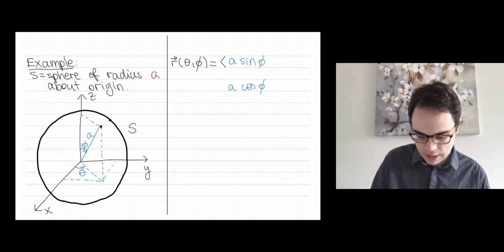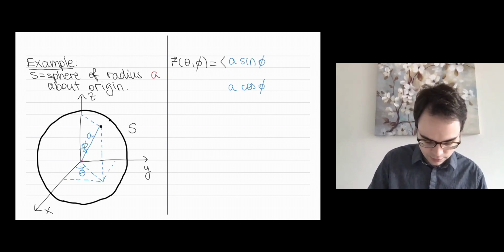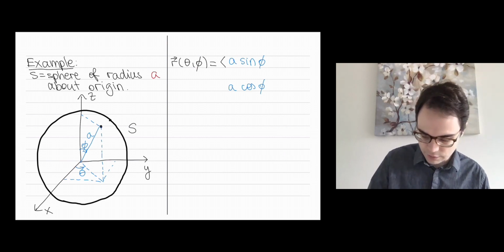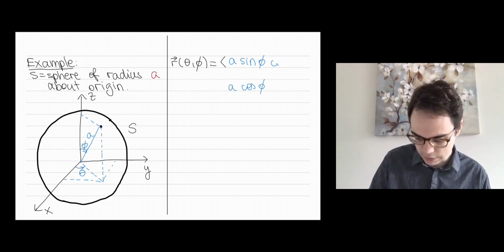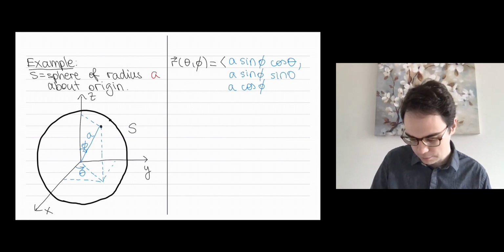So x is going to be r times cosine theta, where r is a sine phi in spherical, the distance from the origin times sine phi, and then you multiply by cosine theta. And y is going to be a sine phi sine theta.